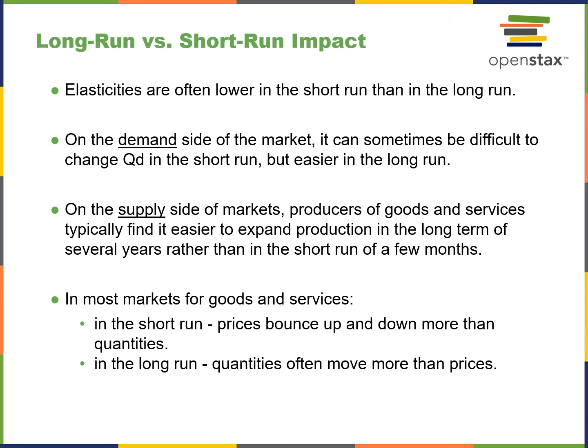Things don't happen immediately, so it's not really evident in the short run what's going on. In the longer run, it becomes evident because everything's had a chance to move, and you get a much clearer picture. In most markets for goods and services, short-run prices bounce up and down more than quantities. In the long run, quantities will move more than the prices. Something you might want to remember.